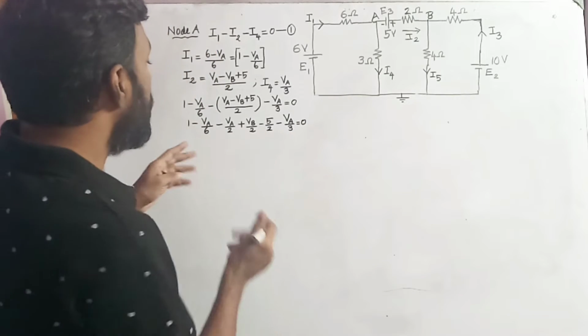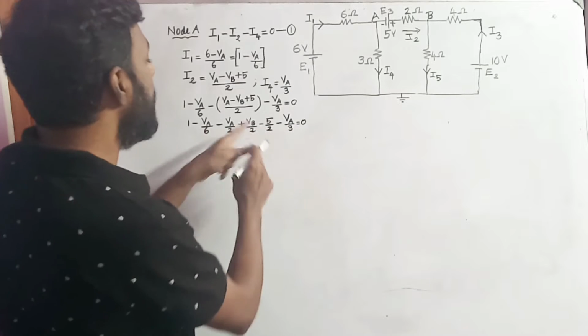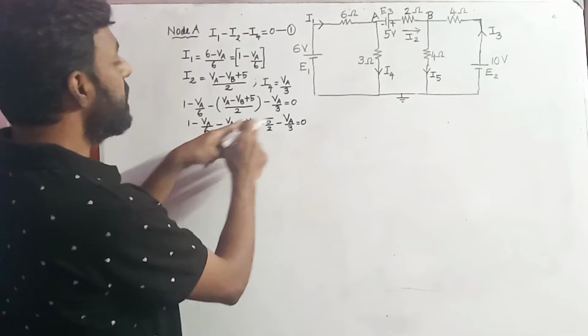Now I have three different VAs, minus VA, minus VA, minus VA.